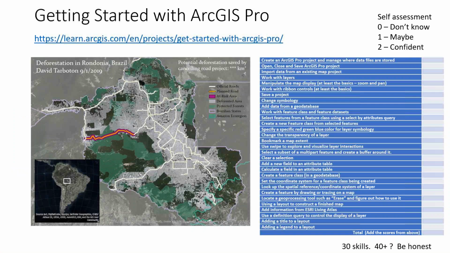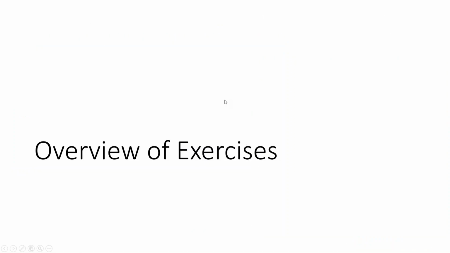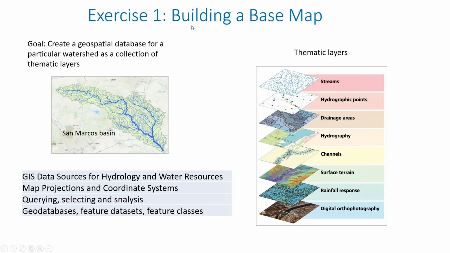So let me get back into the slides. Now I'm going to just overview some of the exercises that we'll be doing. The first exercise is building a base map. The goal of that is really to create a database for a particular watershed that has a collection of thematic layers.